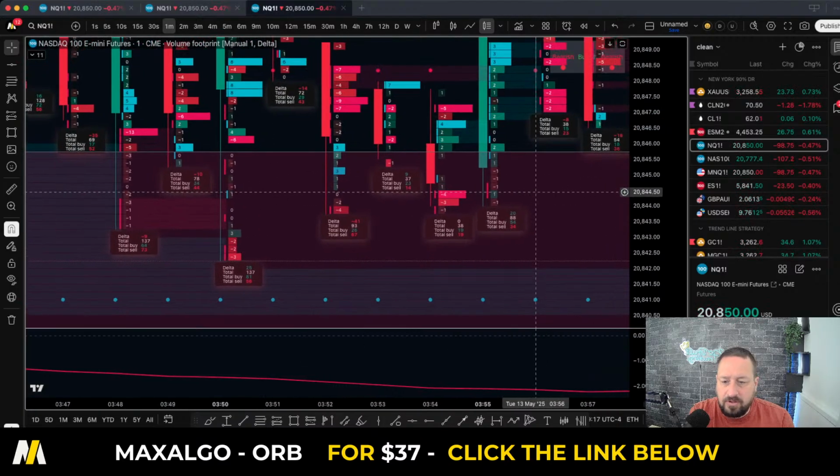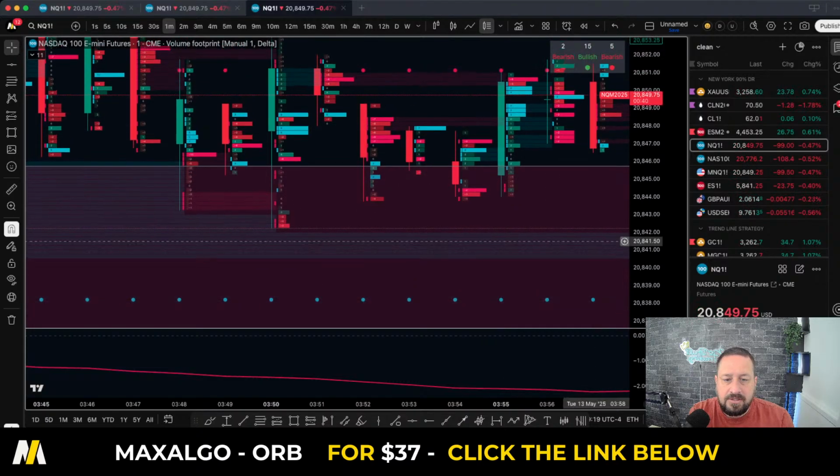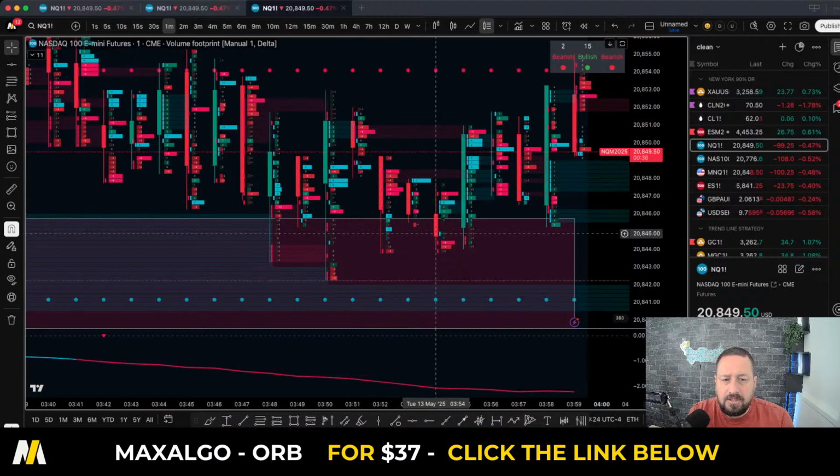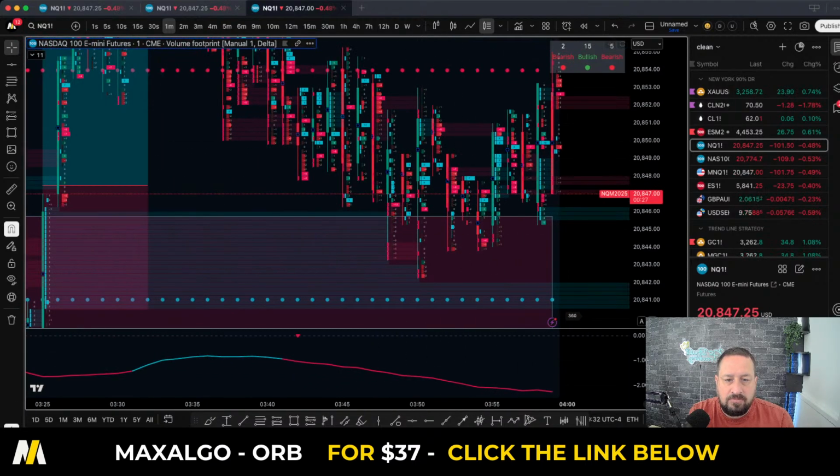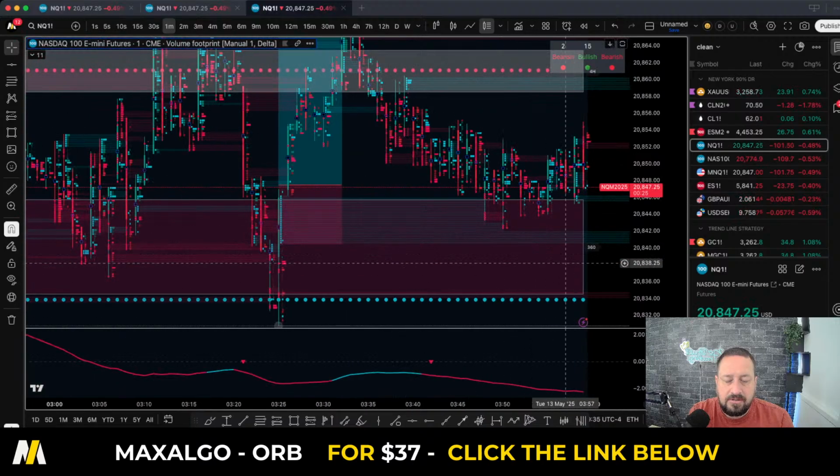The volume's so low anyway, but we start getting selling, but unable to push it down. And then we come and take out this area of selling that's been pushing it back. But it's a bit chop shot in this area anyway.